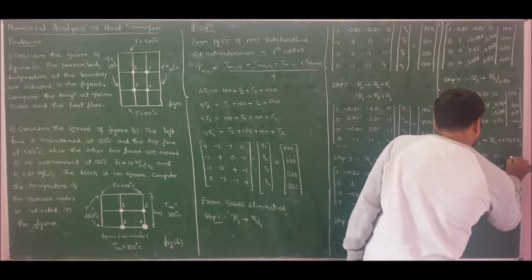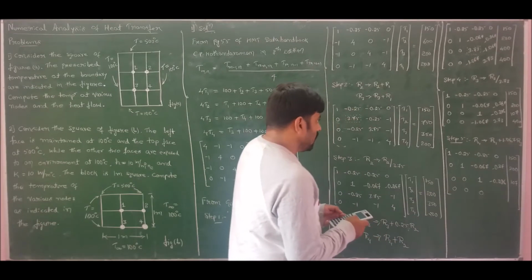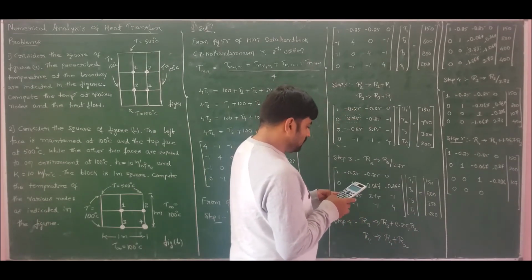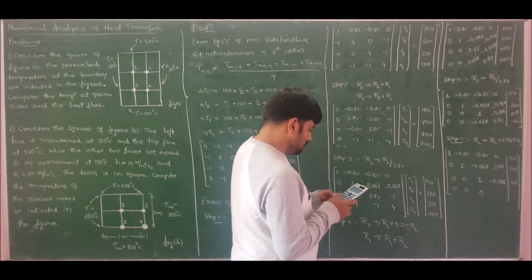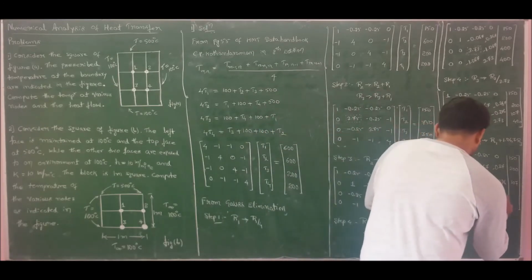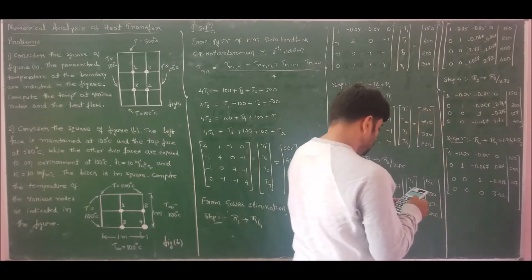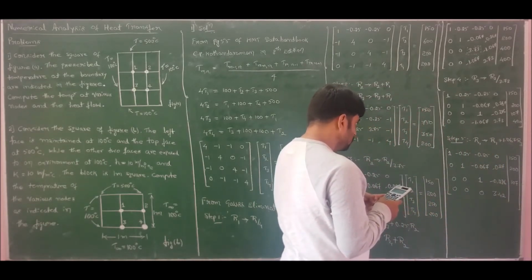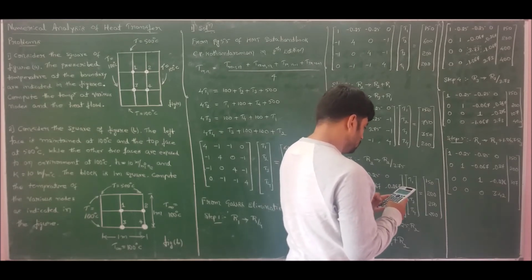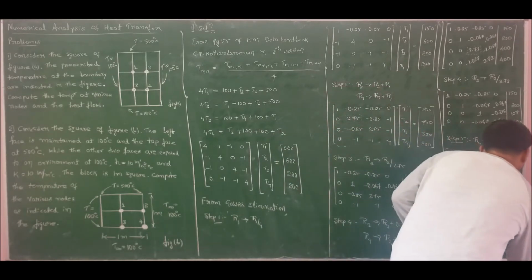We have 150, 200, 107. So finally R4: 3.73 plus 1.067 into R3, minus 0.286, that is 3.42, and finally we have 400 plus 1.067 into 107, which is 514.